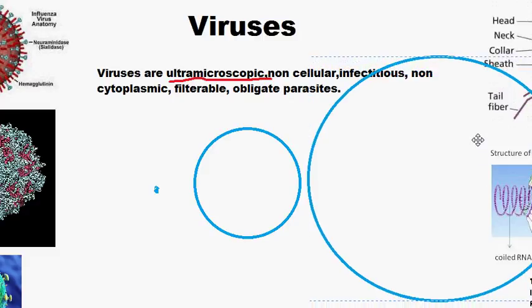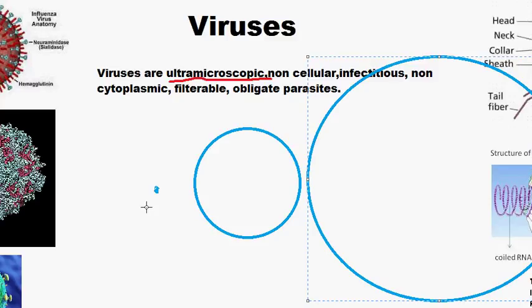You can think how big it becomes. So a virus is very small, and they are filterable, meaning if you put a bacterial filter, they will pass through it. You can imagine why, because bacteria are so big and with respect to that, viruses are very small. So that's why we call it ultra microscopic.